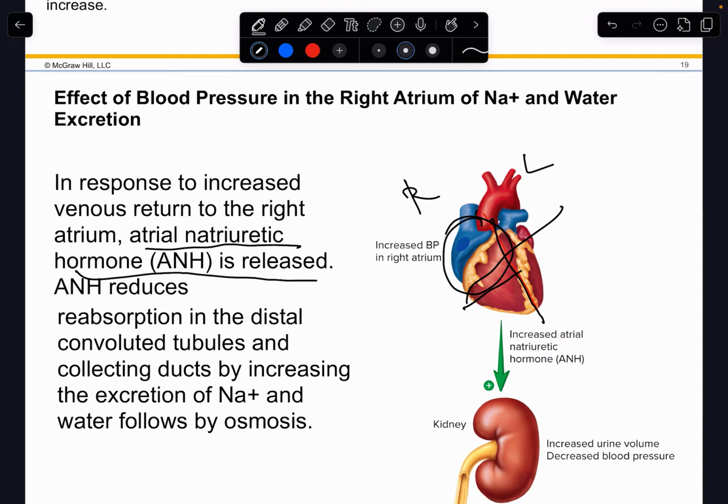Wherever sodium goes, water follows. Increasing that hormone, ANH, increases urine volume and decreases blood pressure.